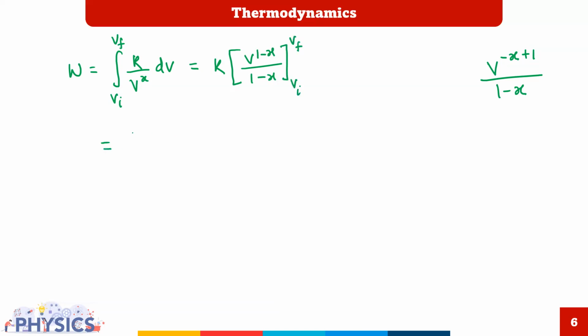Now, this term I can further write as K, taking 1 divided by (1-X) common outside, so this will be K divided by (1-X) times V final^(1-X) minus V initial^(1-X). Again, the derivation is not so important because again and again we don't have to do this.